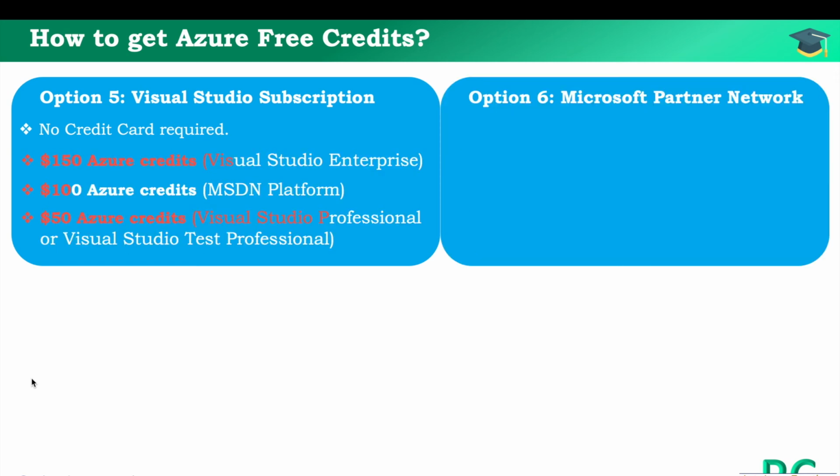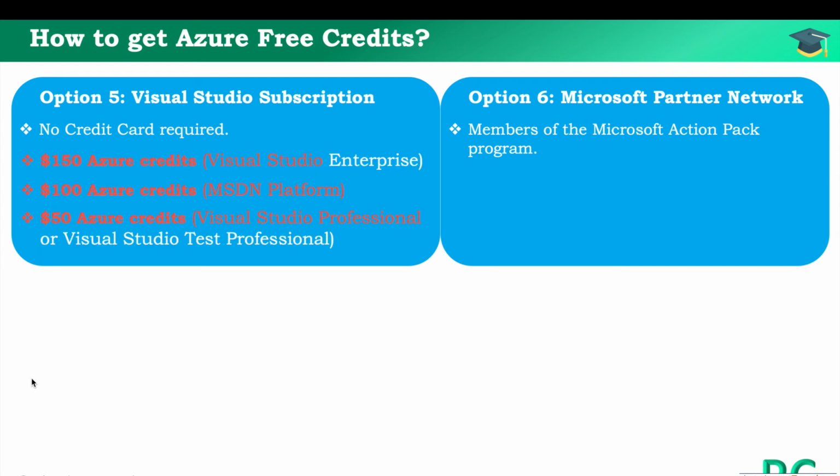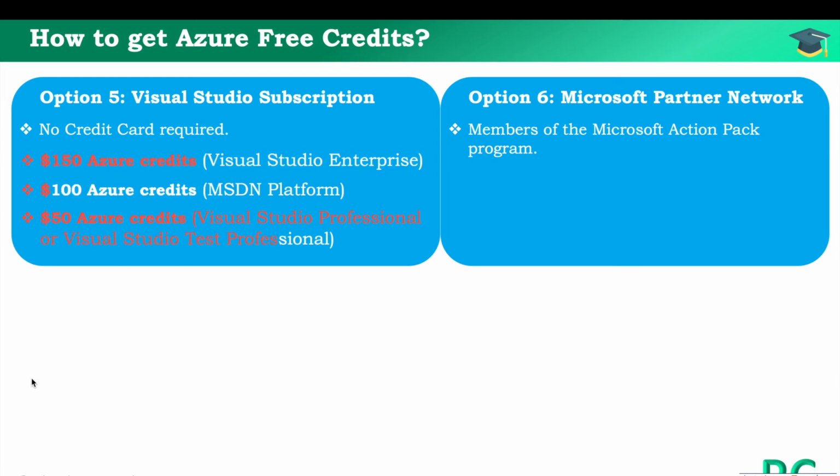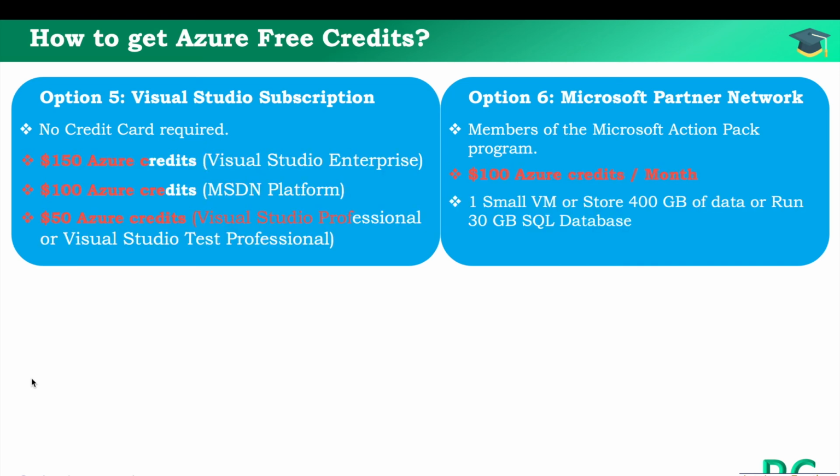Next, if you are part of Microsoft Partner Network. Now, to be eligible for that, you must be a member of the Microsoft Action Pack program. If you are not registered yet, then you can register and you will get this benefit. As part of that program, you will get $100 Azure credit every month. And please remember that you have to utilize it every month.